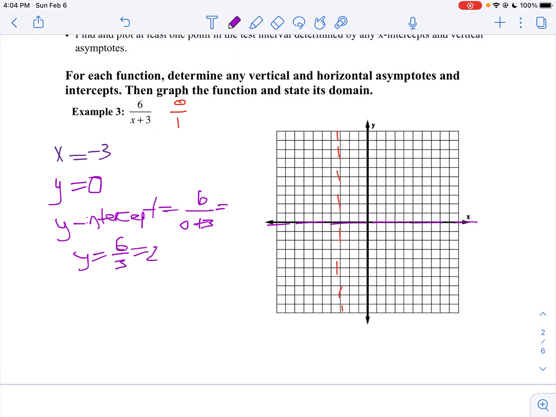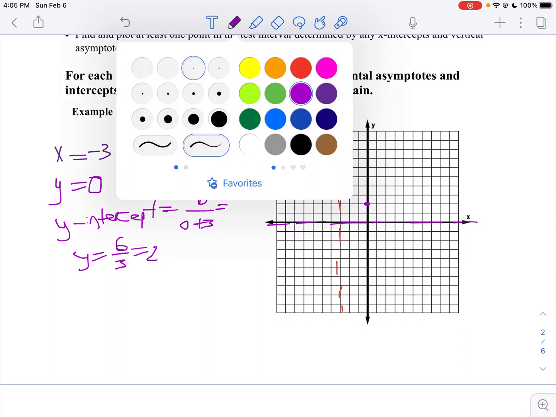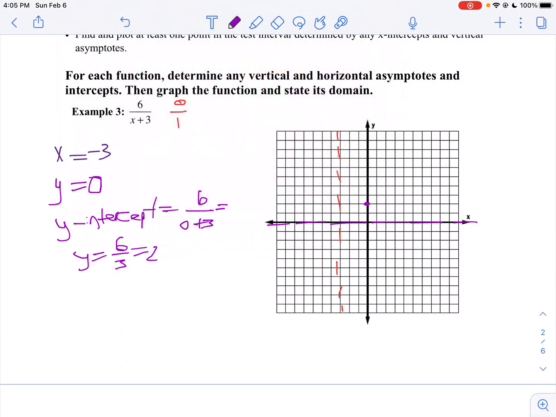So I'm going to have a y-intercept at (0, 2). Now, if I look at the way my graph is going, since I have a y-intercept of 2, and I have a horizontal asymptote, going towards the right it is going to be approaching 0, and then I'll probably do the same thing on the left. Now, you can't quite know that for sure, so this is what the last step was.